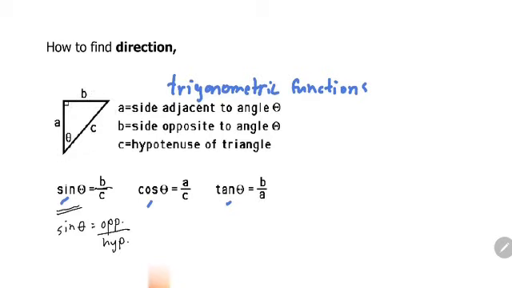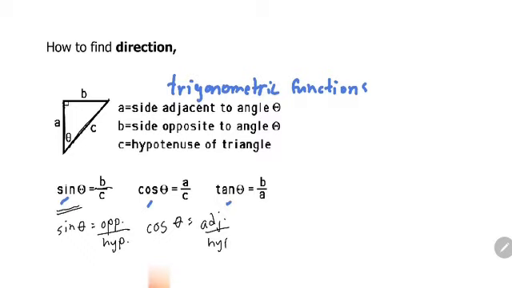Paano naman yung cosine function? Cosine function, yung katabi niya. Dalawang katabi niya, diba? The hypotenuse and the other leg. Yung other leg na katabi niya. So, adjacent over the hypotenuse.